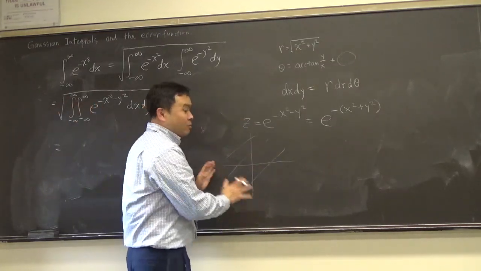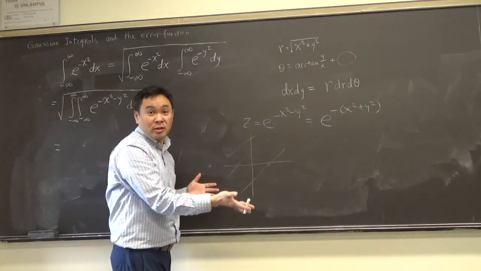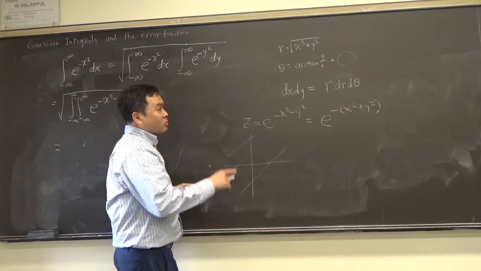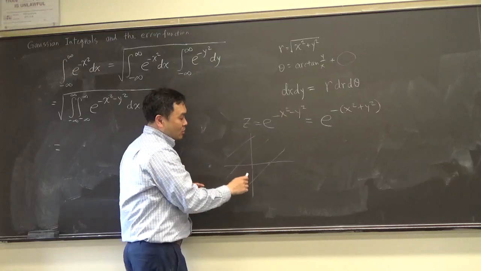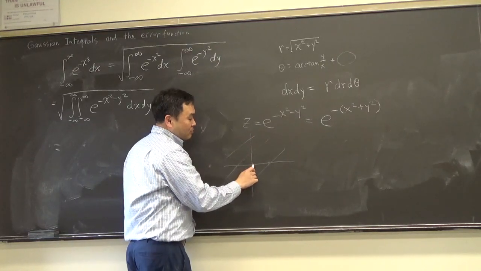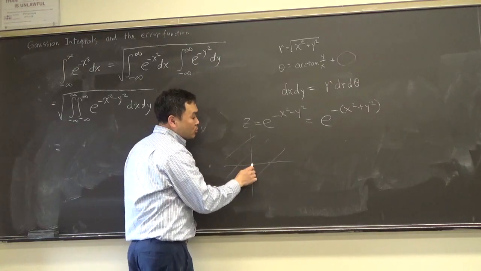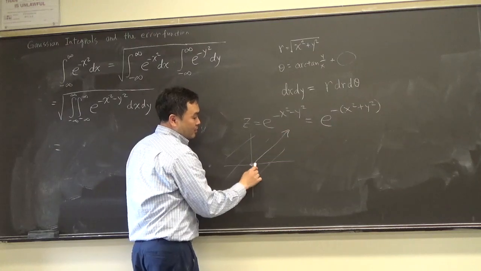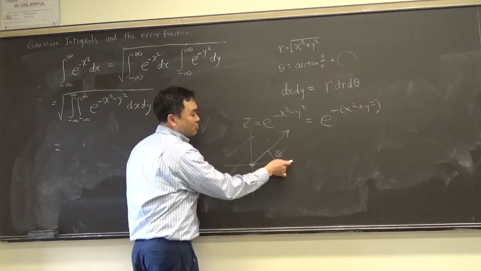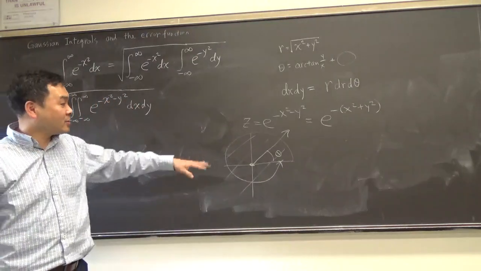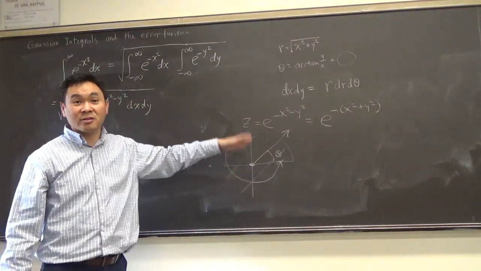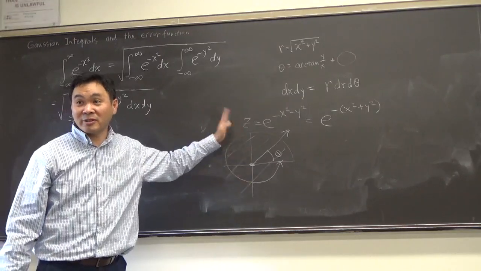This integration covers the entire R2, okay? But then because we're now changing that to r dr d theta, we can now let r go from 0 to infinity, right? And theta go from 0 to 2 pi. How's that? If you do that, then it also covers the entire two-dimensional plane, right?